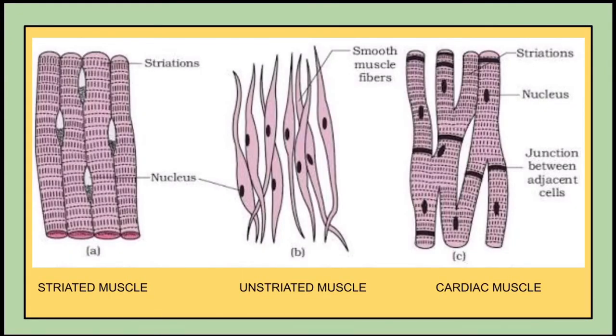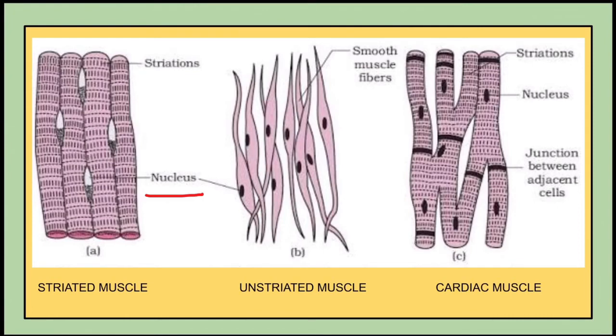In this diagram, we can compare the structure of striated, unstriated, and cardiac muscles, where it is clear that striated muscles have more nuclei, unstriated muscles have one nucleus, and cardiac muscles also contain one nucleus.